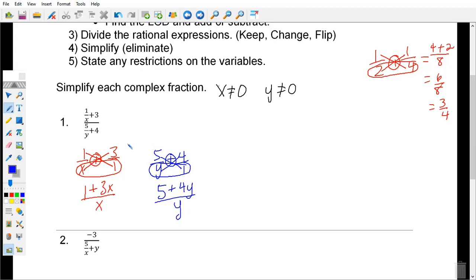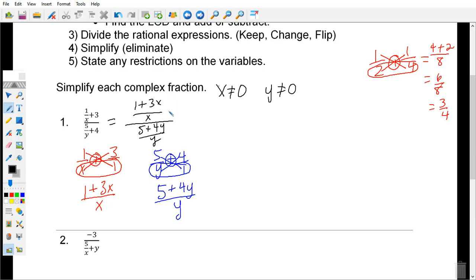Okay, now what happens is this is your numerator, this is your denominator. So I'm going to rewrite it just so you can see it all together. But so the problem now, this equals 1 plus 3x over x all over 5 plus 4y over y.